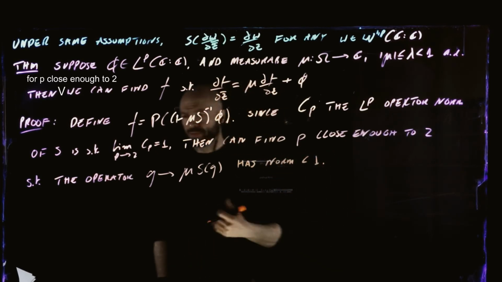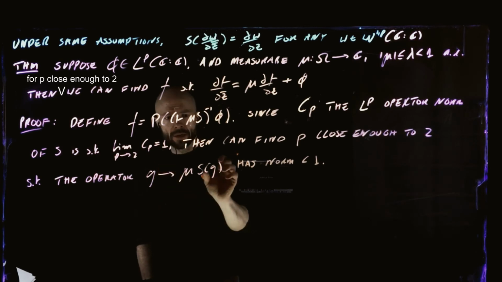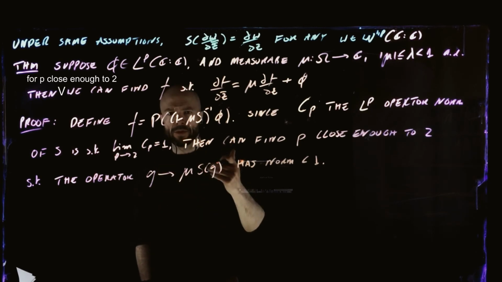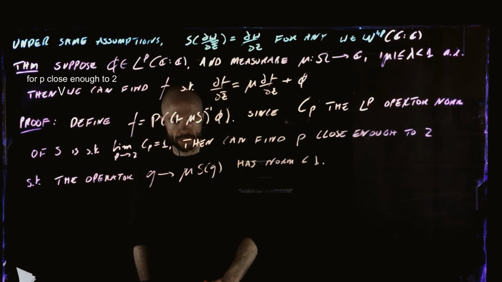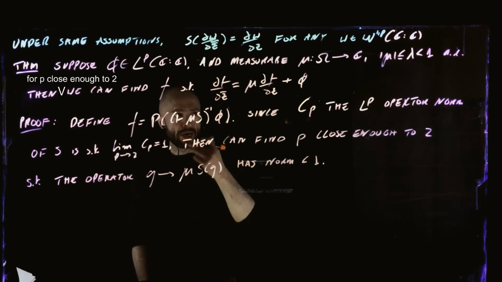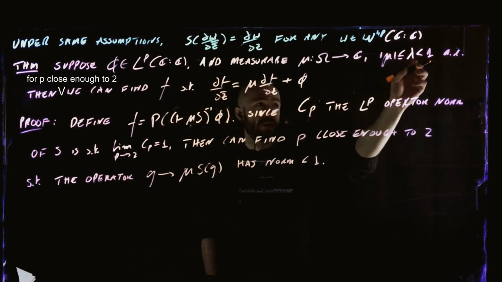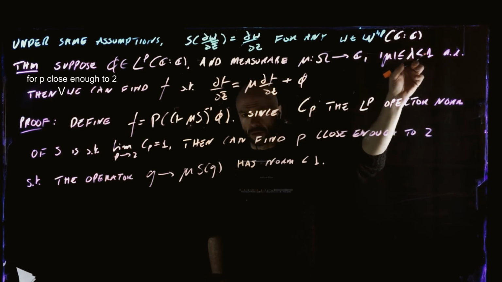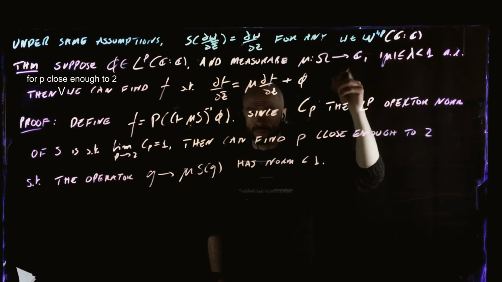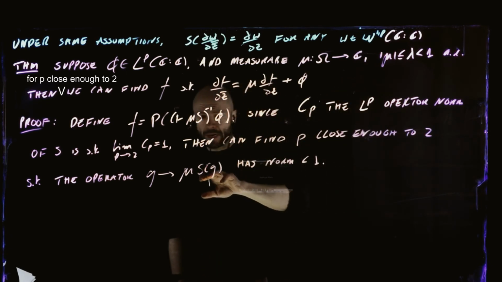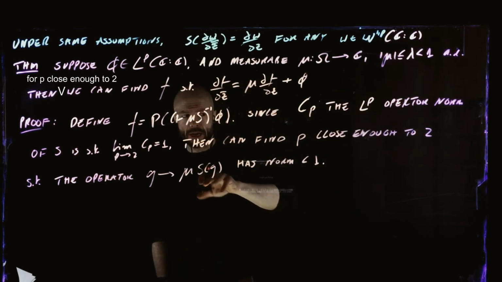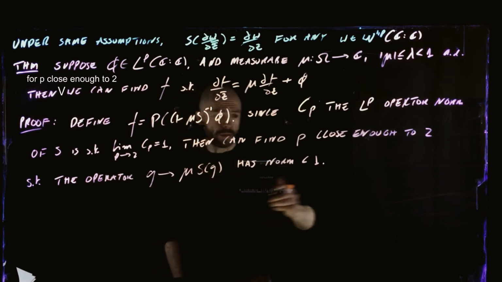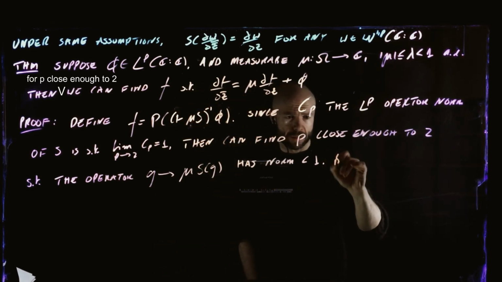So what do I mean by this? If we take G in L^p, then S of G is another L^p function by hypothesis on the Beurling transform. And then we just multiply it by this measurable function here, which has absolute value strictly less than 1 almost everywhere. And then I claim that means this thing is going to have norm less than 1 because of what?